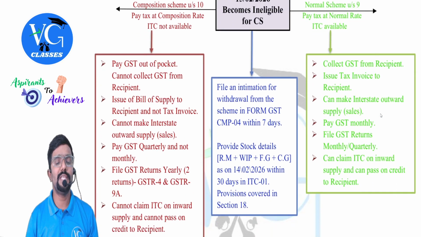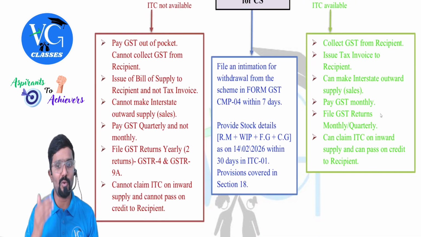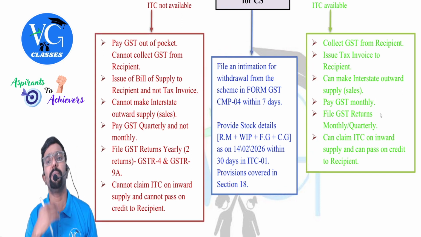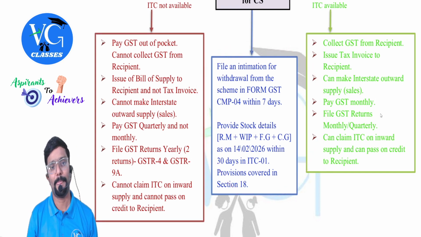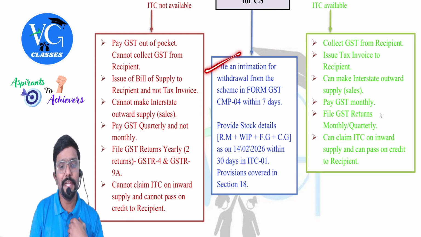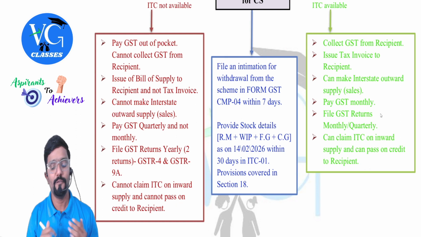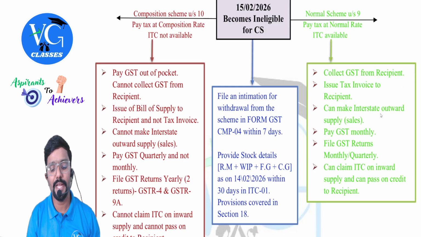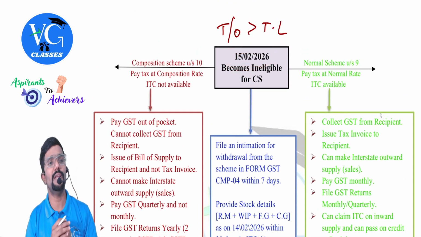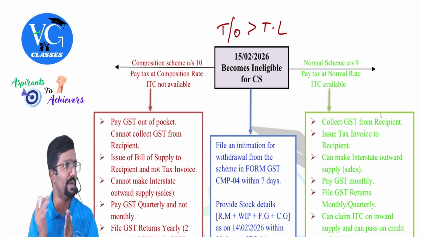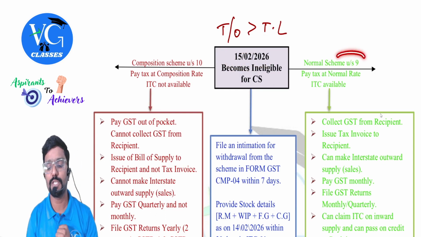Now, is there any procedure I need to follow? Yes. Whatever I have given in blue color, guys, this is the procedure I need to follow when I became ineligible for section 10. What is it? File an intimation for withdrawal from the scheme in form GST CMP-04 within 7 days. So within 7 days from 15th February, I need to tell, sir, I became ineligible, I am moving out to section 9.